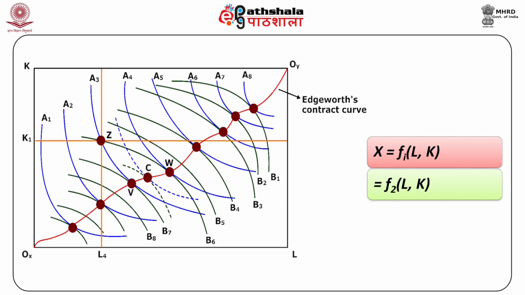So the highest isoquant, if you look at it as such, is B1, and then it is going from the right to the left, so that we do not have a confusion about the isoquants.